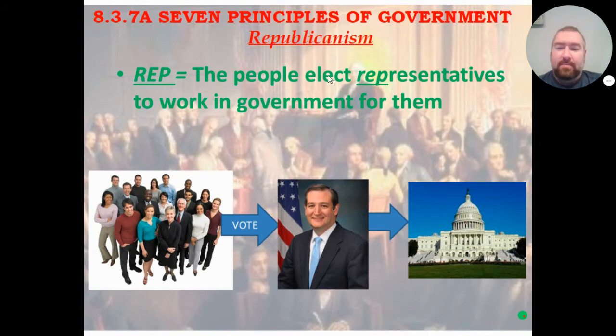The issue is that if the people were going to vote on every law every time, it would take forever. We pass 10,000 laws a year. Of those laws, there are dozens of extra laws inside them. Ain't nobody got time for that. So what happens is the people choose representatives. So when you think about republicanism, think about representative government.